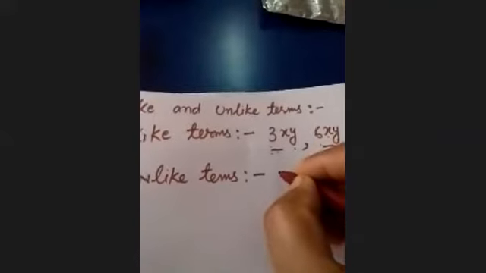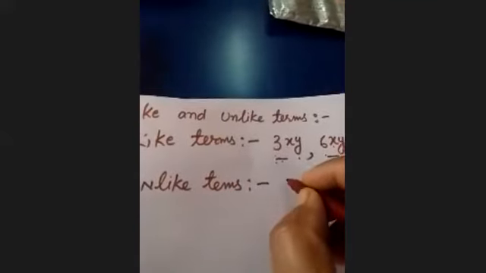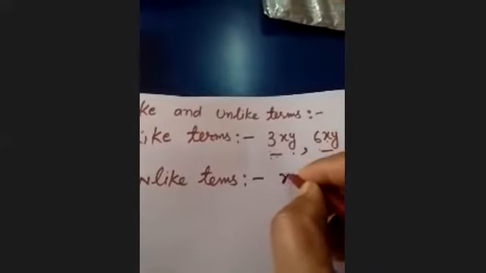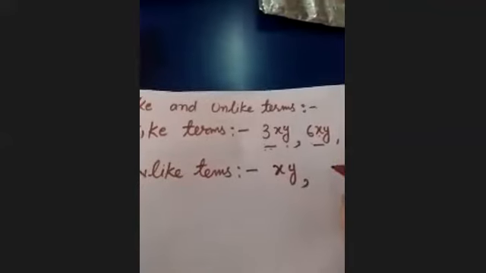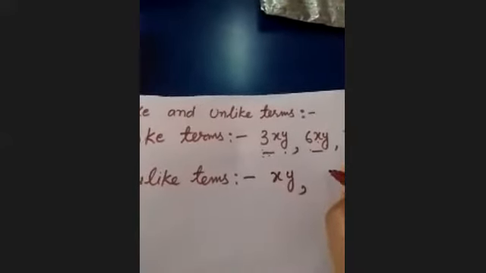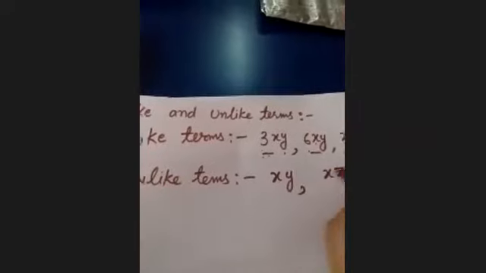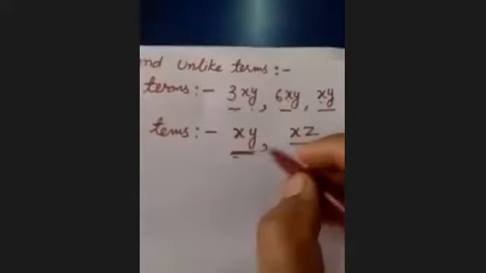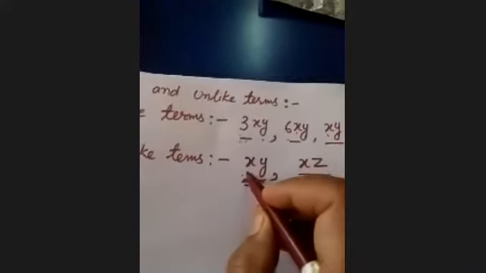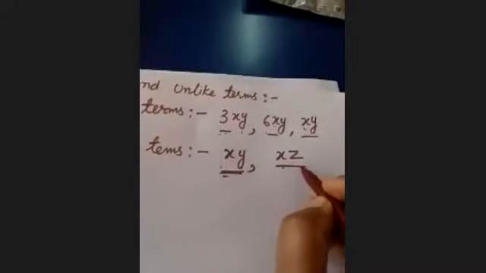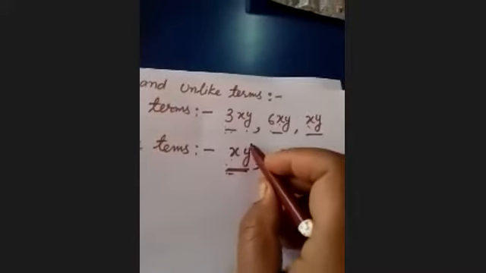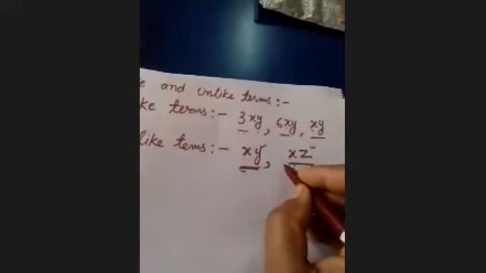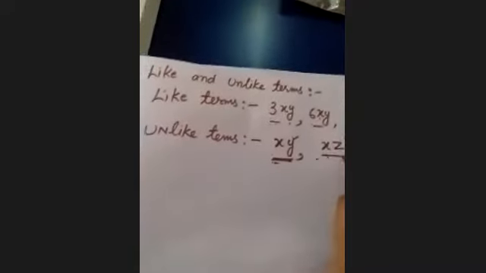For example, our first term is xy and the second is xz. Now, how are these two terms formed: x multiplied by y, then x multiplied by z. The variables are different, so xy and xz are unlike terms.